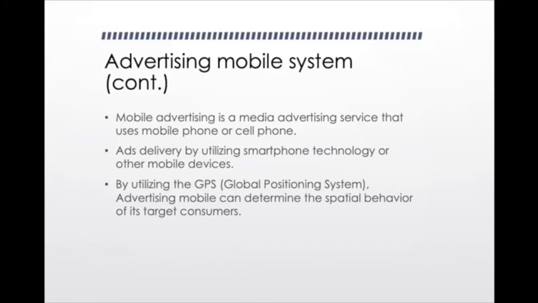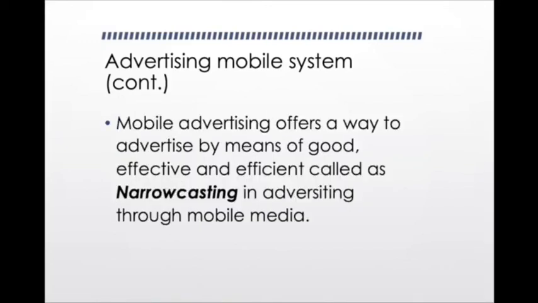The third is by utilizing GPS, or global positioning system. Advertising mobile can determine the special behavior of its target customer. And the last is that mobile advertising offers a good, effective and efficient way to advertise, called narrowcasting in advertising through mobile media.